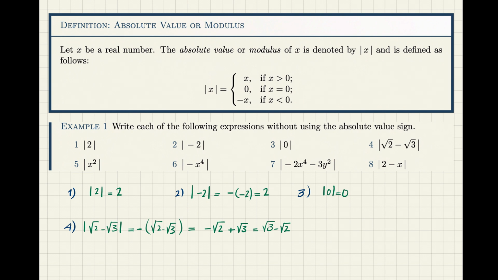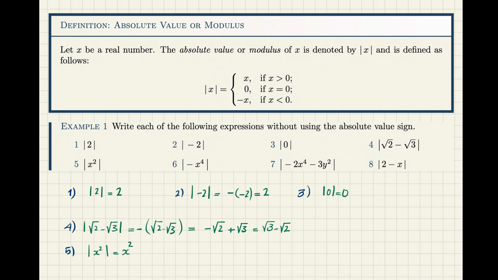But the point is that the whole package that I see in the absolute value sign is always non-negative, even if x itself is negative, because I am raising a number to power 2, so it cannot be negative even if I put a negative value for x. So number 5, even though I don't know what the value of x is, I would say that the absolute value of x squared is equal to x squared itself.